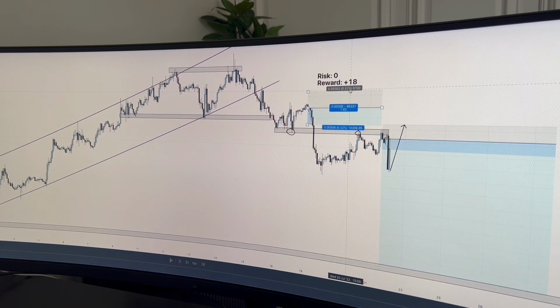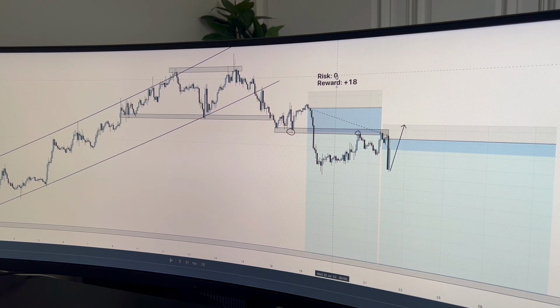However, our reward is still +18 because we're down here. So that already has basically doubled our reward, and we're now limiting our risk. Our risk is now 0 rather than -1. So notice just by entering another trade, you can actually increase your reward massively whilst also limiting the risk that you have on the table.